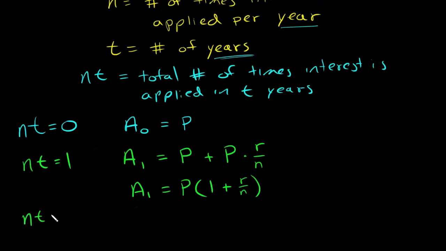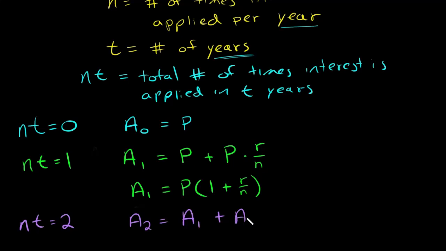Now I've applied my interest twice. How much money will I have? Well, I'll start with the amount that I had the previous time I applied my interest, so I'll start with A1. That's what compounding does: instead of starting with the principal, I'm starting with the amount that I had previously.